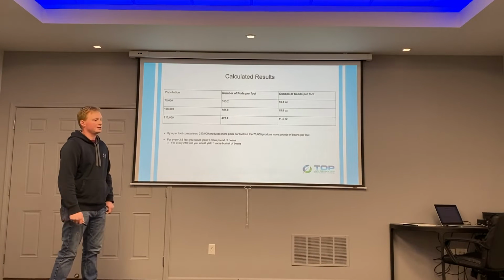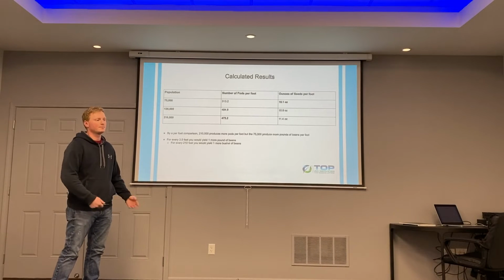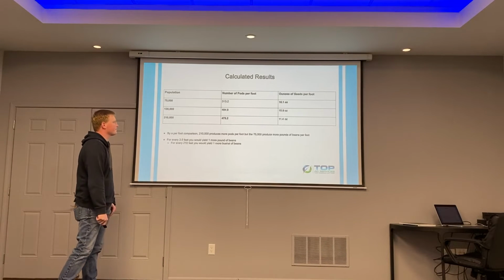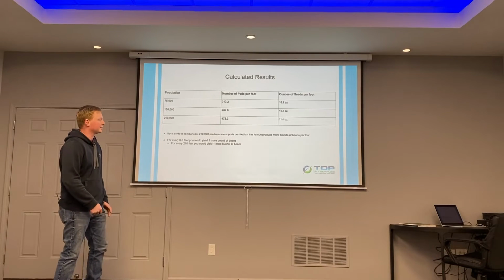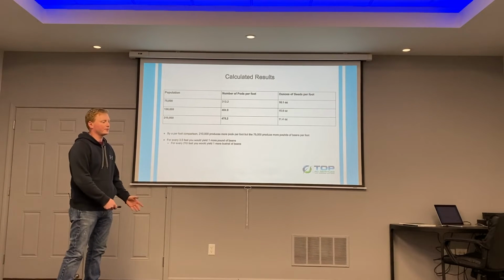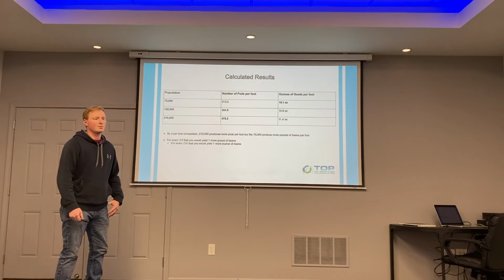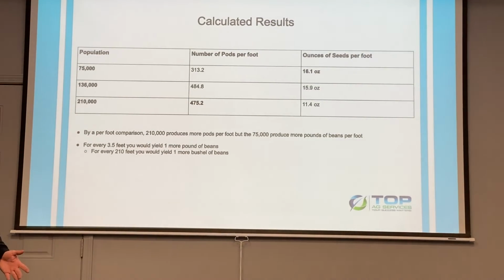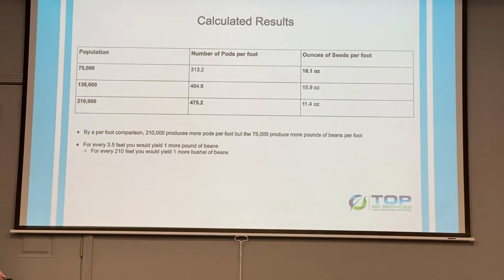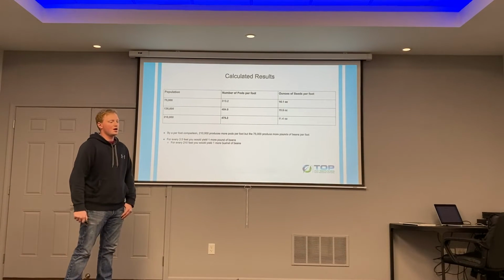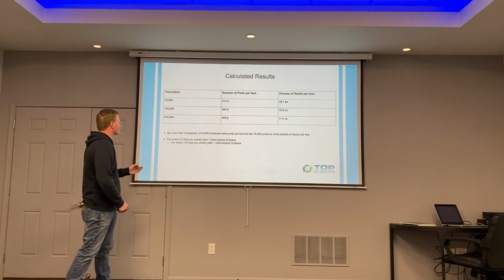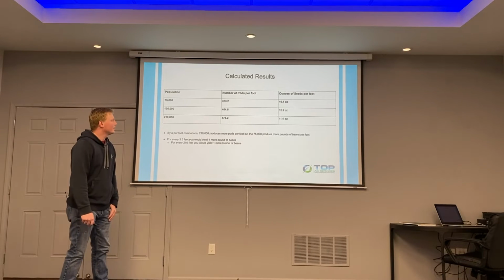We calculated the potential yield differences in each plant population. We also calculated the number of plants per foot and the number of pods per plant that were in that foot of ground. And we found that the 210,000s had more pods per foot compared to the 75,000s.